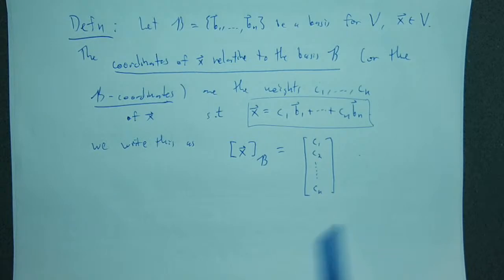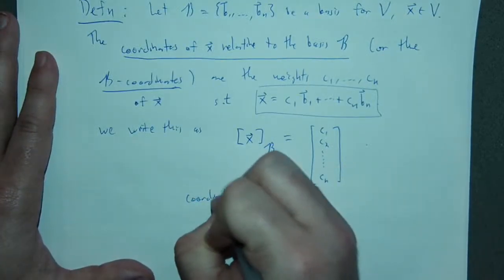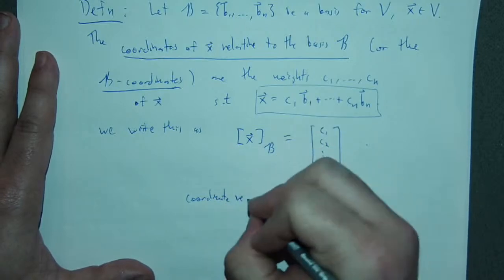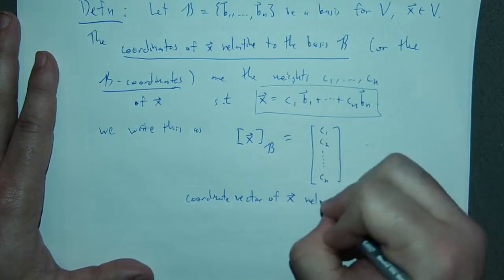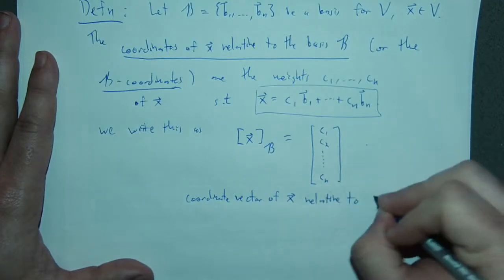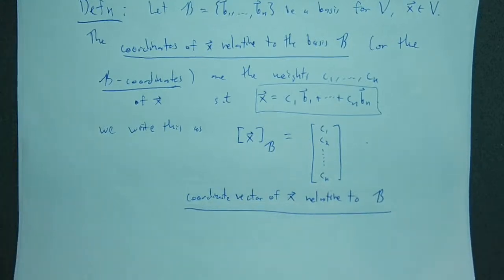This is called the coordinate vector of x relative to B, or the B coordinate vector of x. I'm going to use these interchangeably.